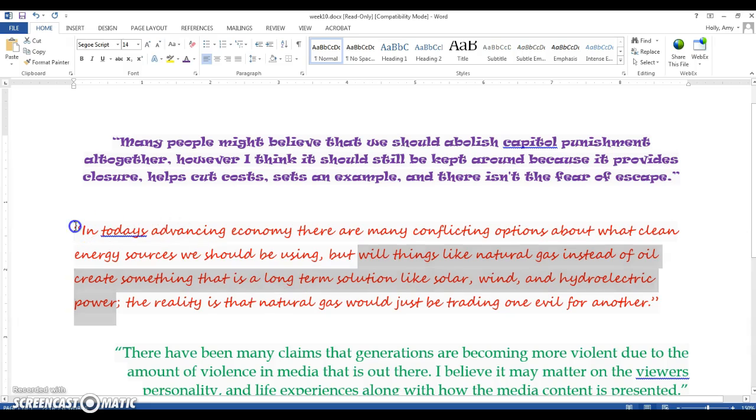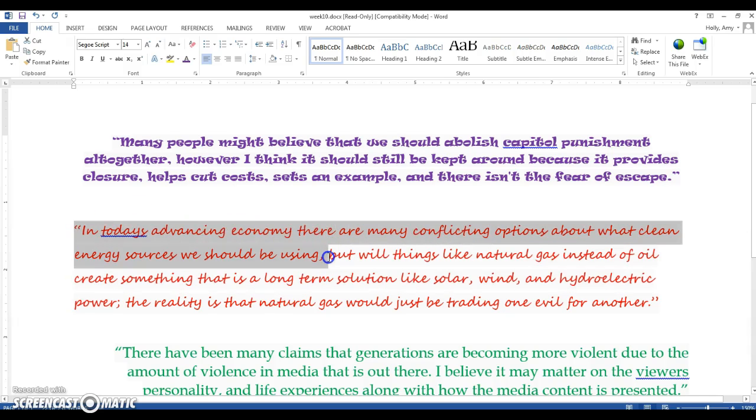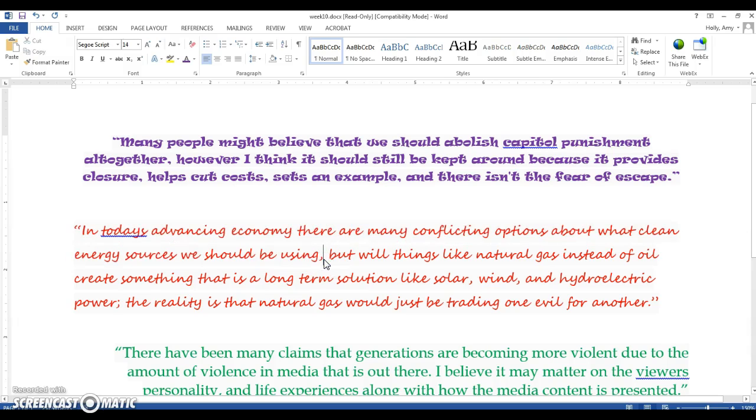So I do think this person's on the right track in the sense that they're alluding to the controversy here and suggesting a counter argument, but there's a couple of things that this needs to do beyond what we see here. One is to directly state the alternative position, and then also this person still has not directly stated their own position, even though there are a couple of supporting points here.